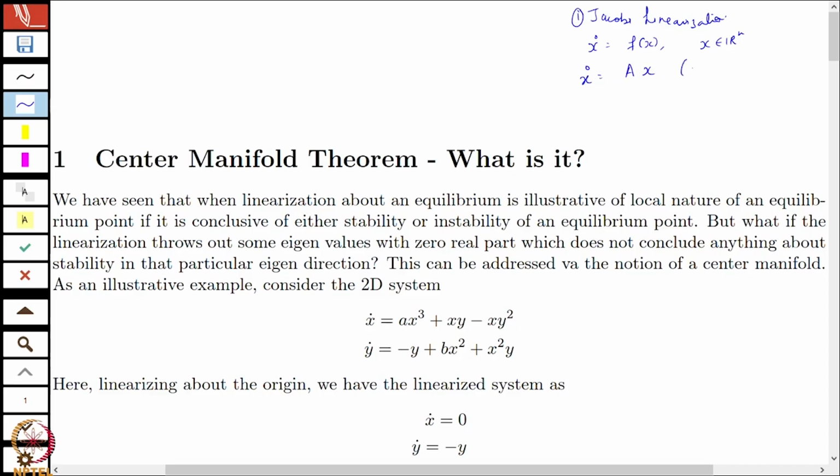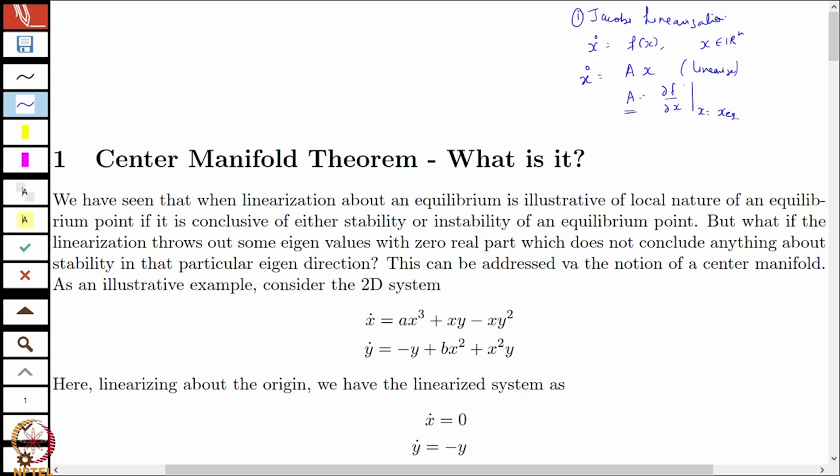This is the linearized version, and then A was computed as df by dx evaluated at x equal to some equilibrium point. And then the nature of A told me a lot of things about local stability of the original nonlinear system. Okay.